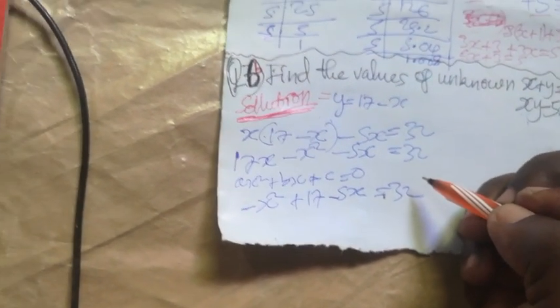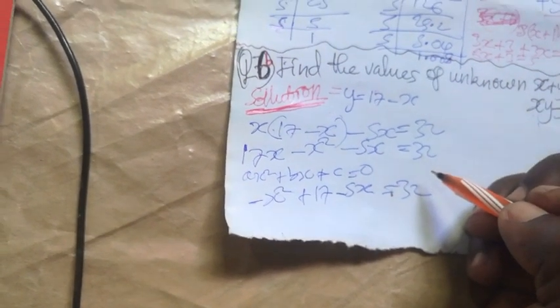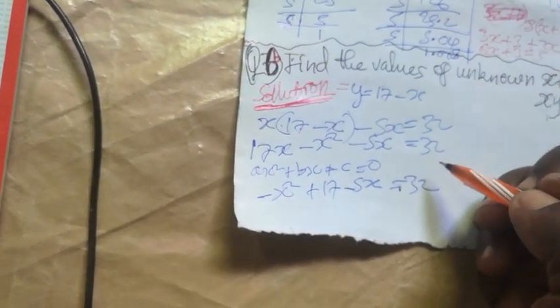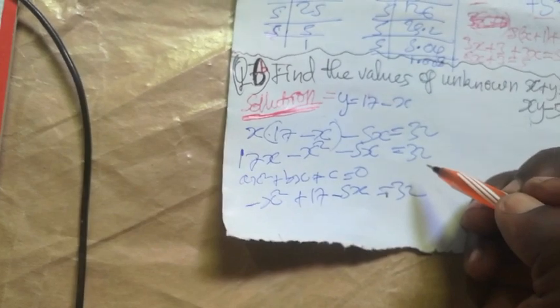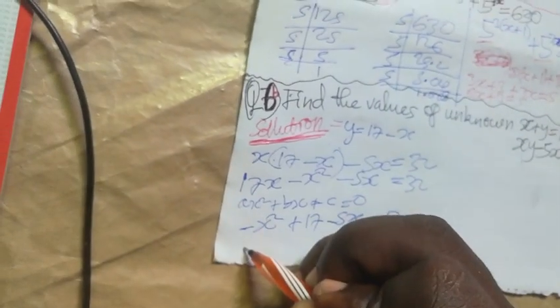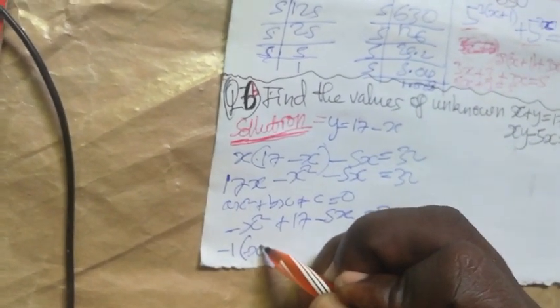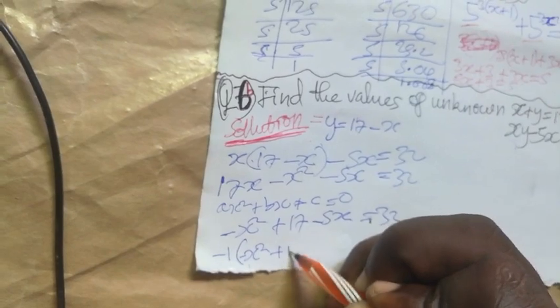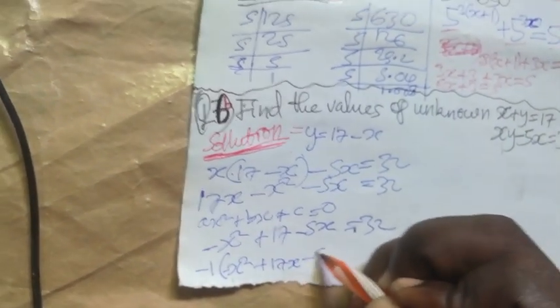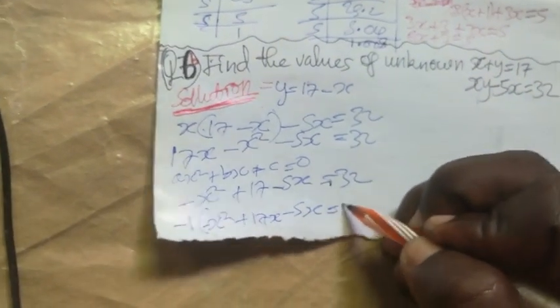But according to the quadratic equation rules, a cannot be negative. Hence, we multiply through by negative 1, negative 1 into brackets negative x squared plus 17x minus 5x is equal to 32 into brackets.